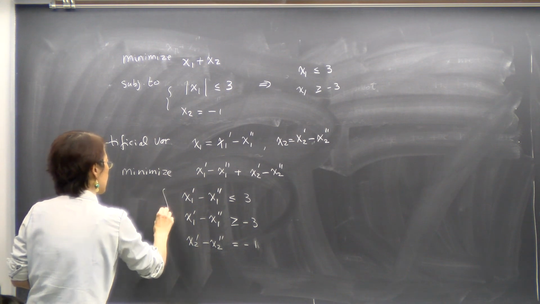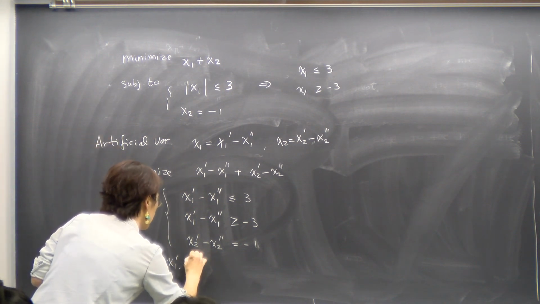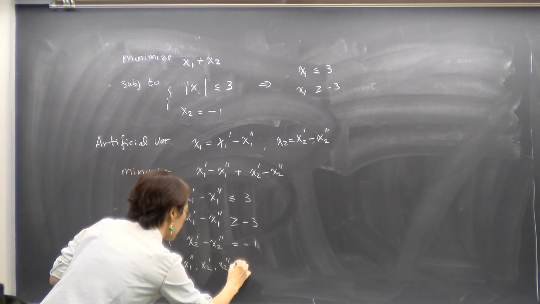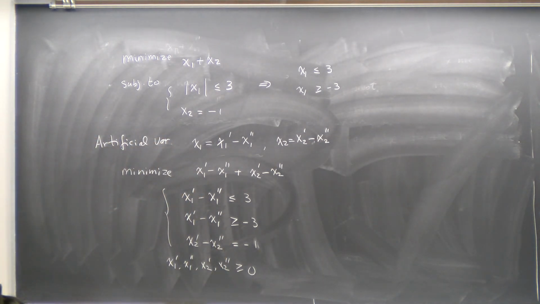That's my constraint. And then all of them now are positive. It's not in standard form yet, but I got rid of those absolute value or unrestricted situations.